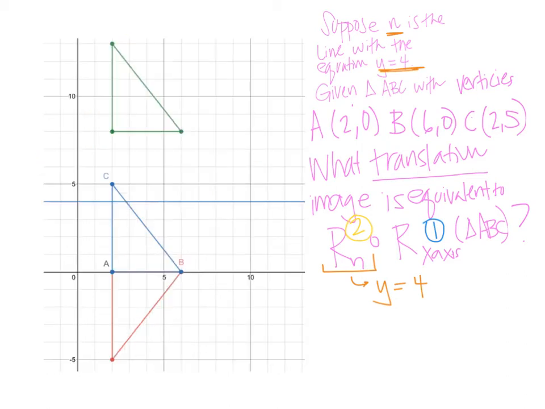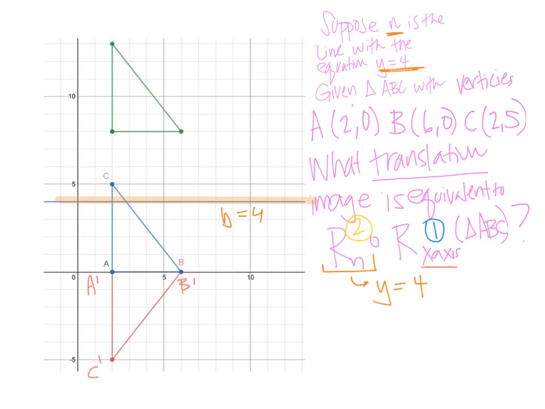All right, so here's a nice pretty little picture that I drew in Desmos. It shows our line of reflection here. This is y equals 4. It shows our first flip, so there's our A prime, B prime, and C prime. That's our reflection across the x-axis right here. Then we're reflecting it across the line y equals 4, and that is right here, y equals 4.